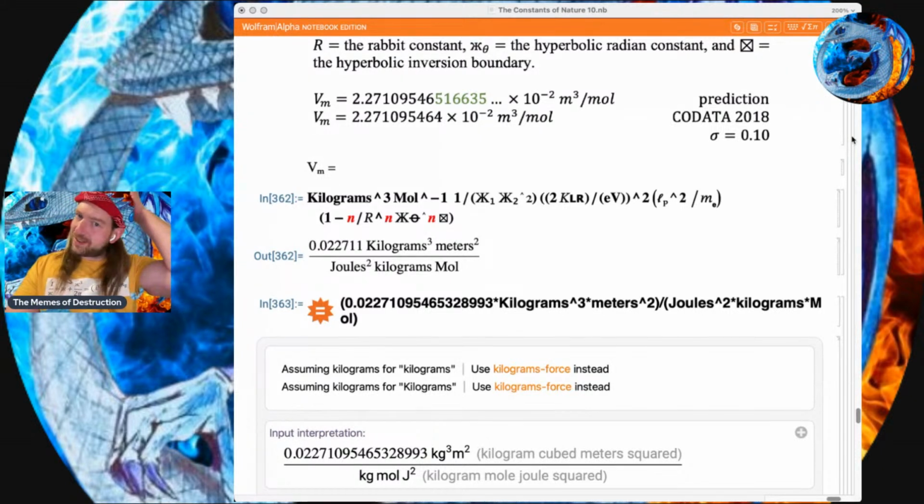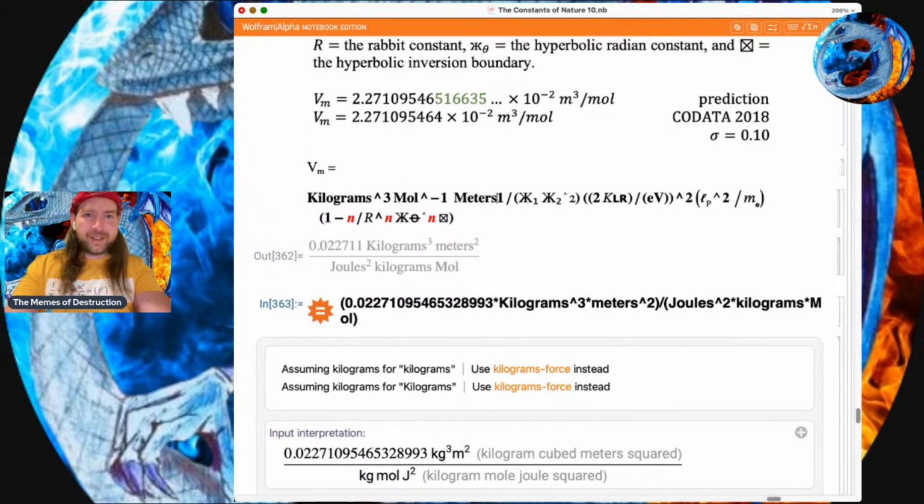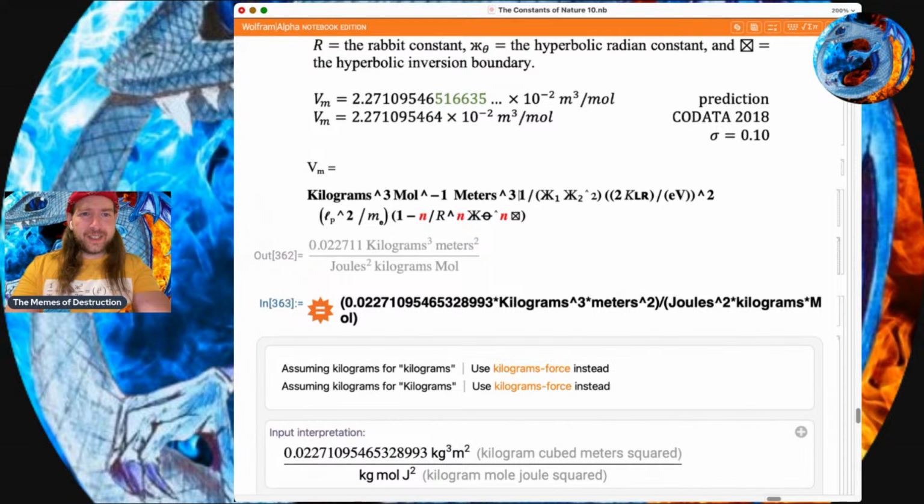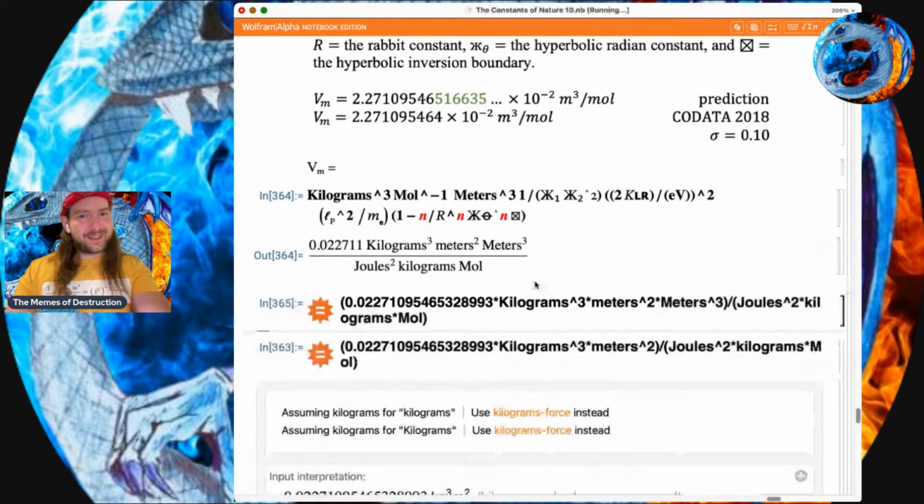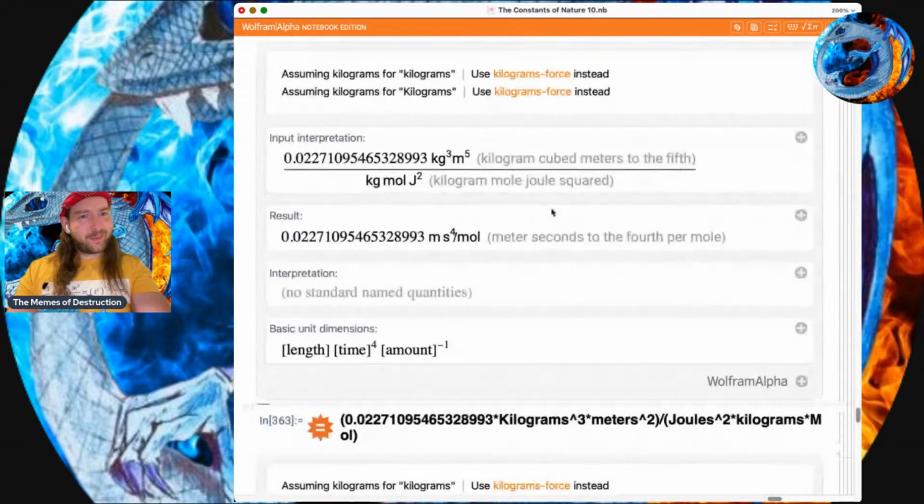Oh, per liter. Meters cubed divided by mole. Alright, let's try it. Meters cubed. Maybe I just need that. Let's see. That'll help our dimensions a little bit.